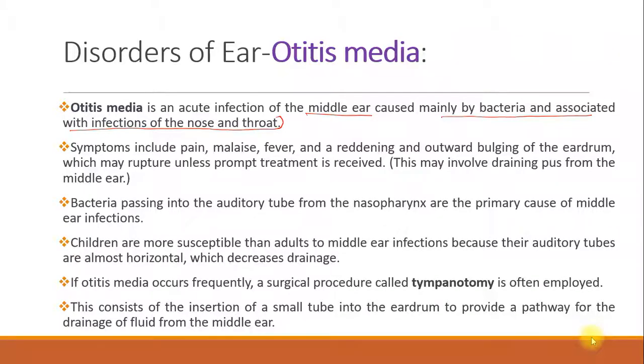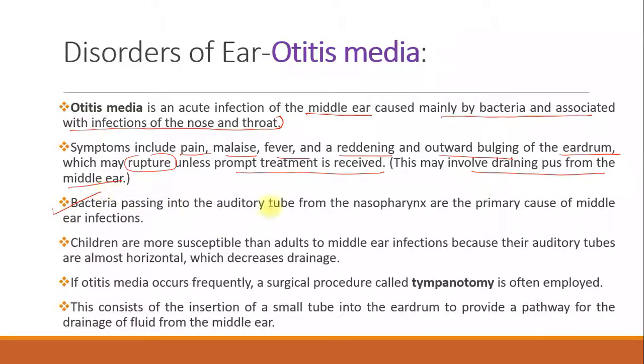The symptoms of otitis media include pain, malaise, fever, and reddening and outward bulging of the eardrum, which may rupture unless prompt treatment is received. Treatment may involve draining pus from the middle ear. Sometimes pus forms in the middle ear and comes out through the ruptured eardrum.